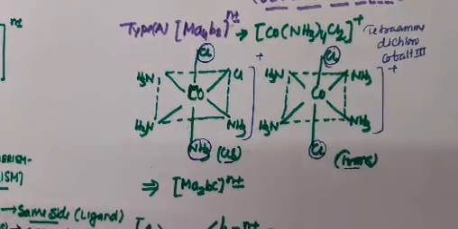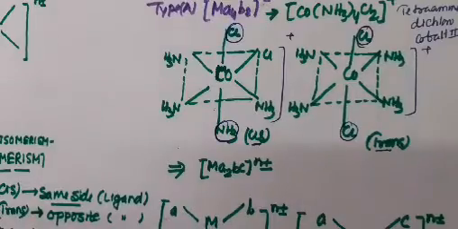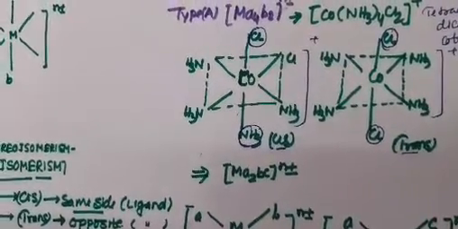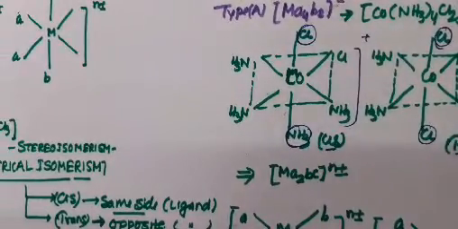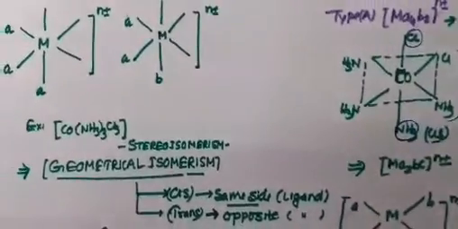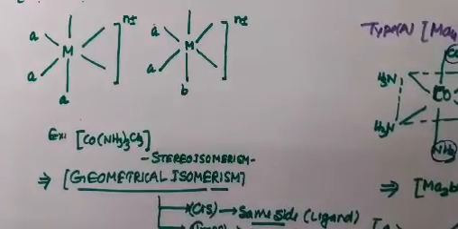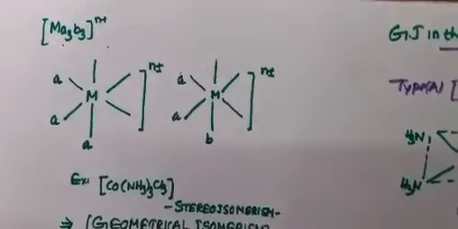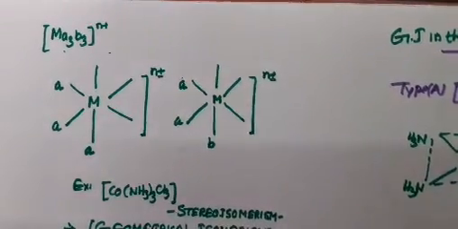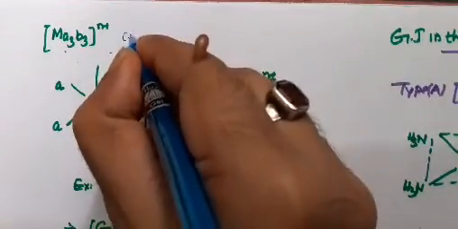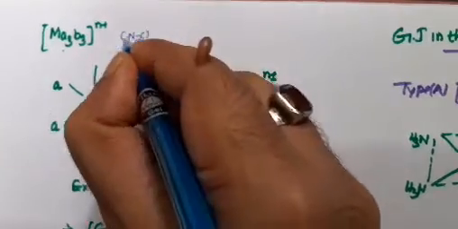And finally, there is the last category, and I am showing you the MA3B3 type complex. The coordination number is also 6.